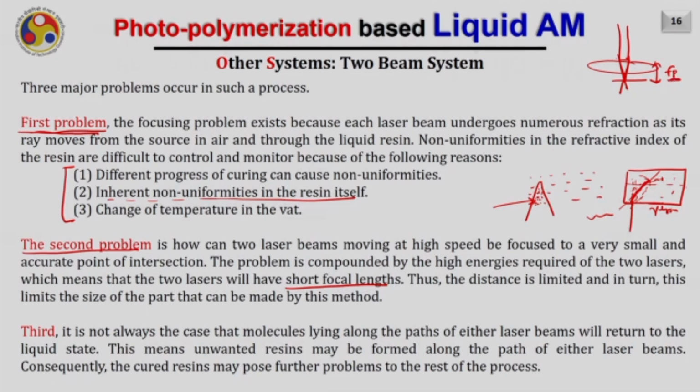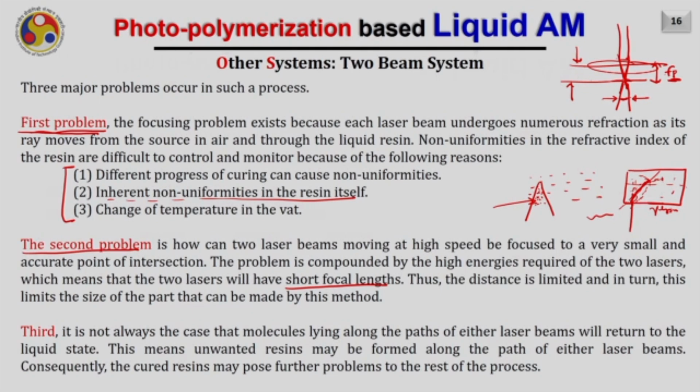As the focal distance is quite less, what will happen? This entire area, which is half of the length of the liquid which we are going to cure, will be very less. Because this focal point may not be achieved and the laser may get diverted also. As a result, your interaction diameter will be larger than the focal diameter, and you will not get the maximum energy at this location.